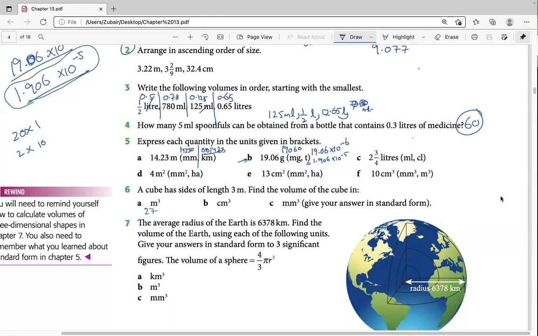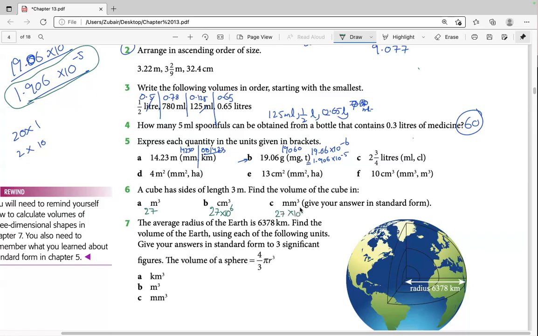And then B, since it's centimeters cubed, it would be times 100 cubed as well. So 27 million. And then C, 27 million times 10, basically 10 cubed.